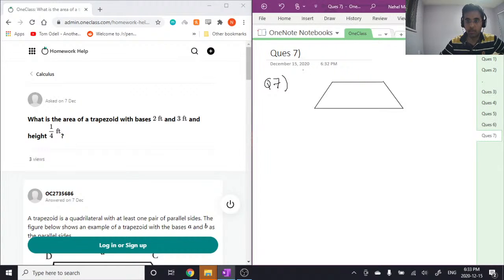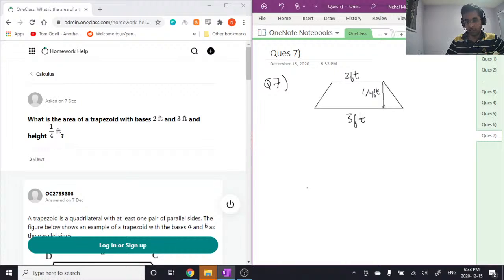Okay, so let's just mark those down. So the smaller base, which is at the top, is 2 feet. The bigger base is 3 feet, and then the height, which is perpendicular, is equal to a quarter foot.